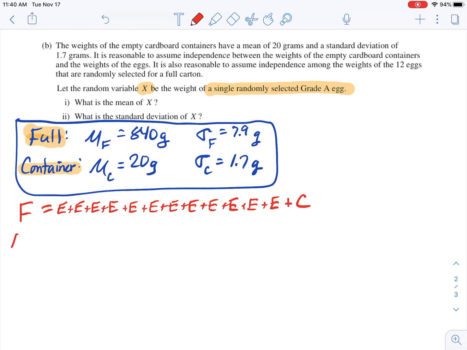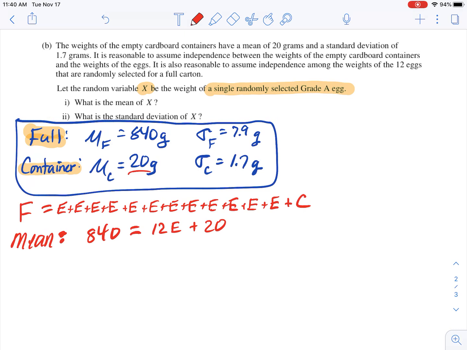And so the mean is pretty straightforward because the mean of f is given to us. That's 840 grams. And the mean of the sum is just going to be the sum of the means. So we're going to have 12 means of eggs plus 1 mean of a carton, which they gave us to be 20.